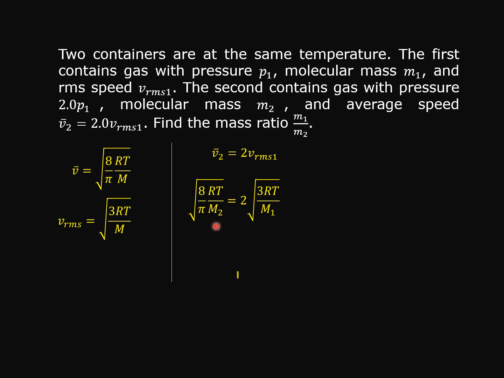But please take note that because we apply these two general formulas to the two gases we investigate, we need to add the subscripts for the mass: M1 for the first gas and M2 for the second gas. The temperature for these two gases in the two containers is the same. That's why there's no subscript on T in these equations. T and T is the same.